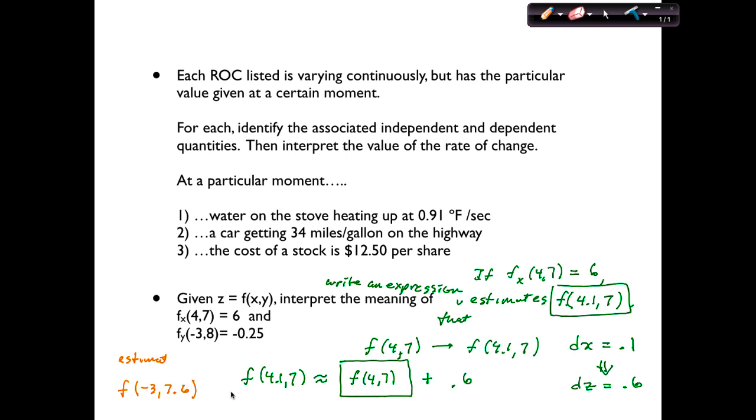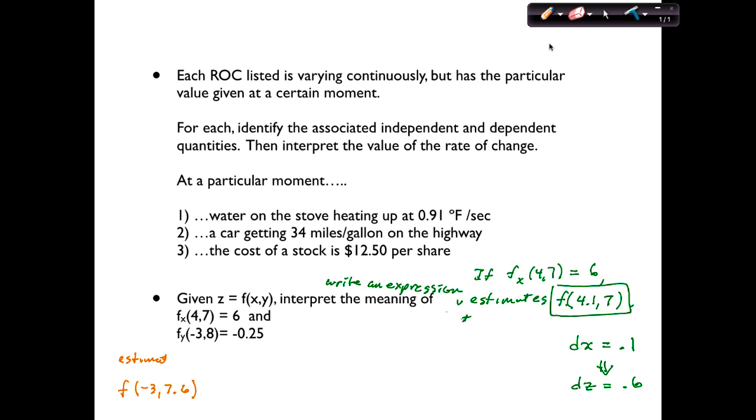Whole process. Okay, so I took the change in y, so I subtracted 8 and 7.6. And that change is negative 0.4. So dy is negative 0.4. Then for our dz, we're going to multiply that negative 0.4 by negative 0.25.